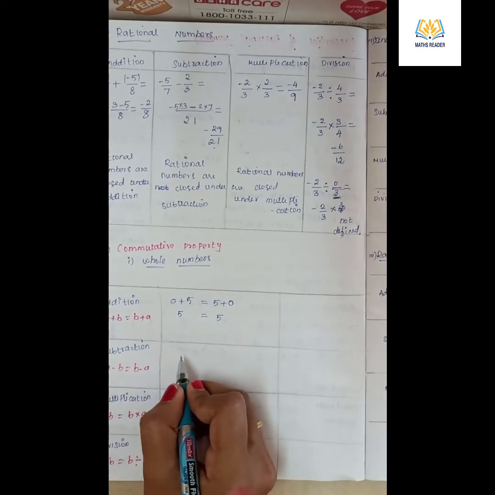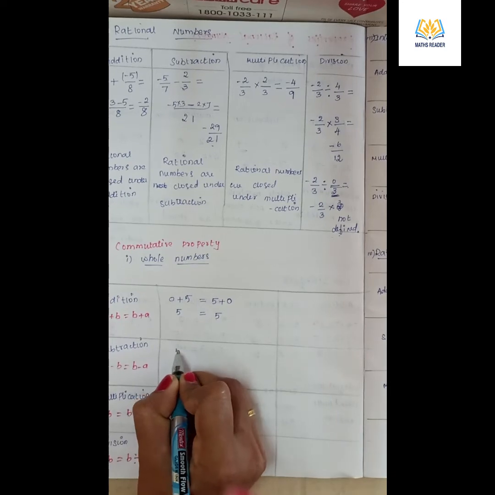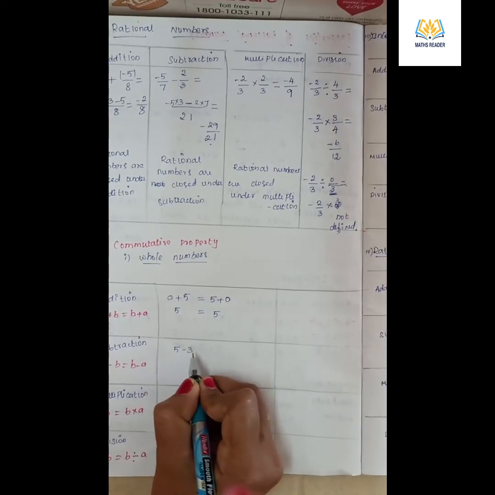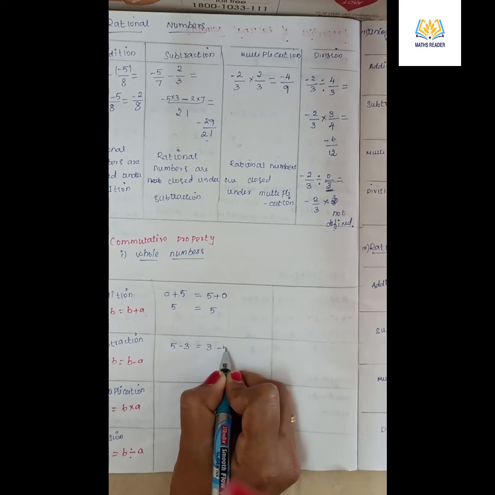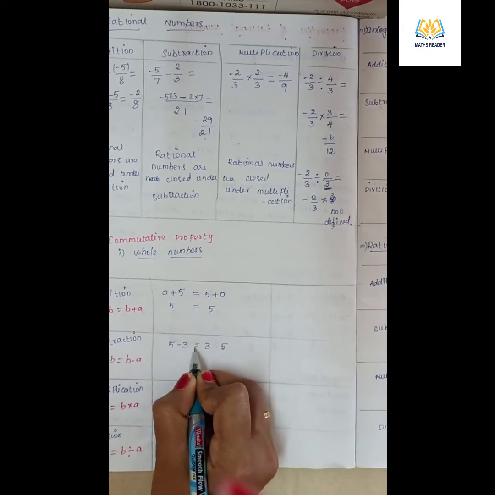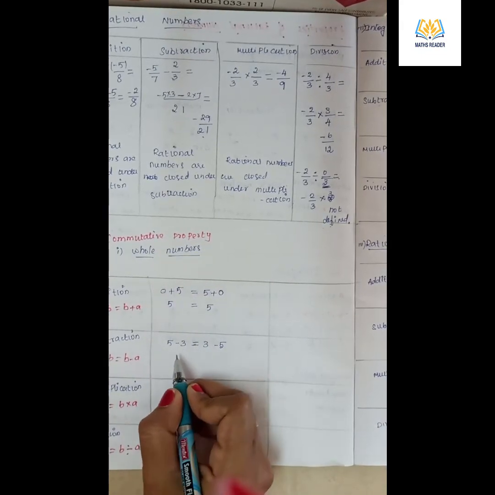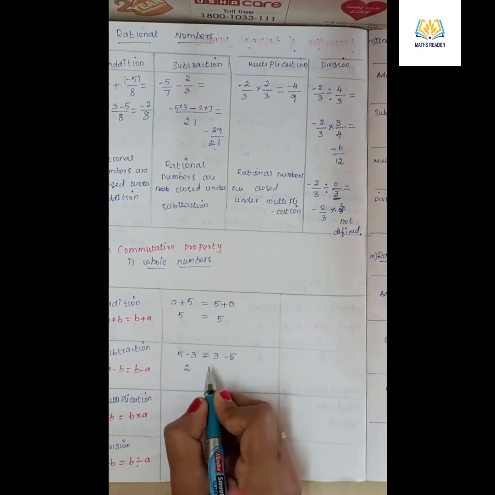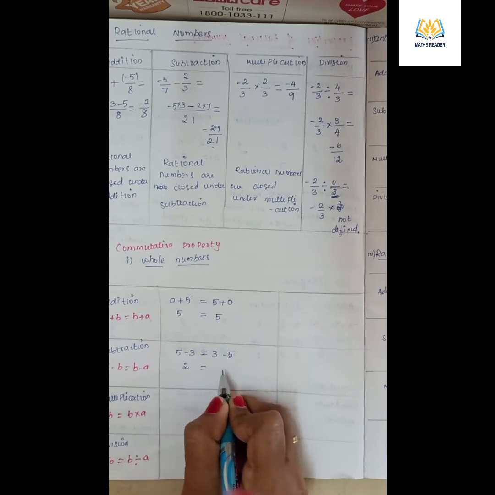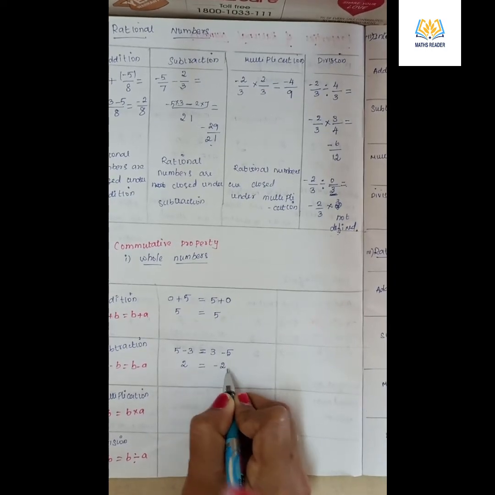Next we will check for subtraction. 5 minus 3 is equal to 3 minus 5. 5 minus 3 is 2. 3 minus 5 is minus 2.